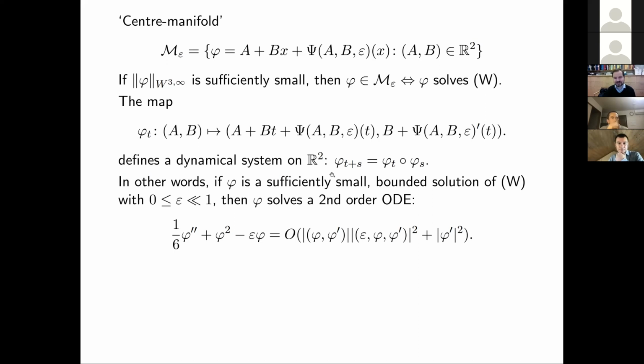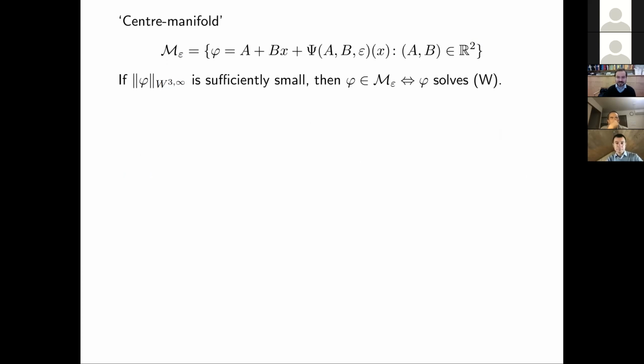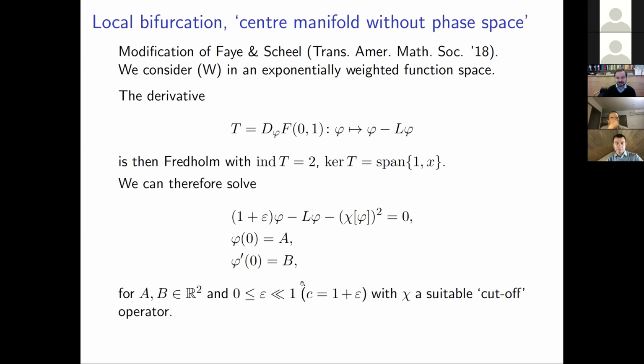So that was my brief explanation, but I don't know if I have a very good intuitive answer other than that. Somehow it is because this problem is well posed, and it defines a dynamical system, then automatically there has to be an ODE.